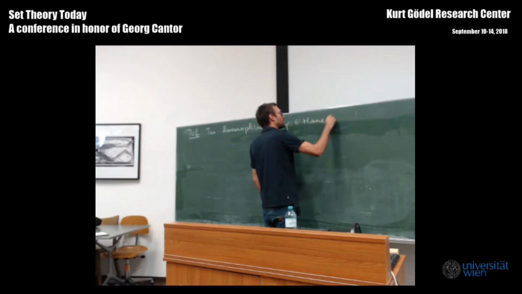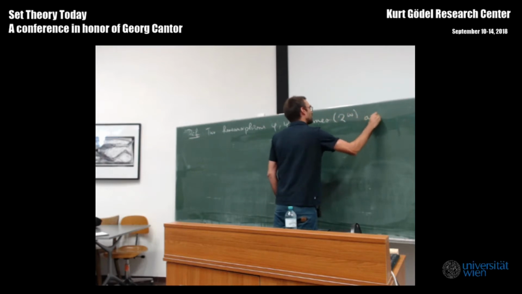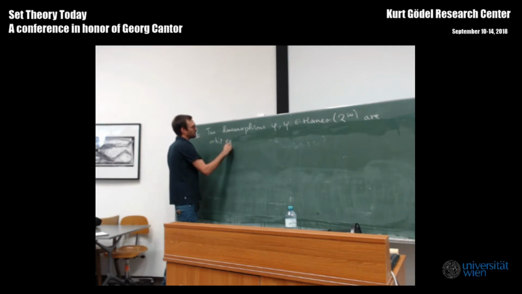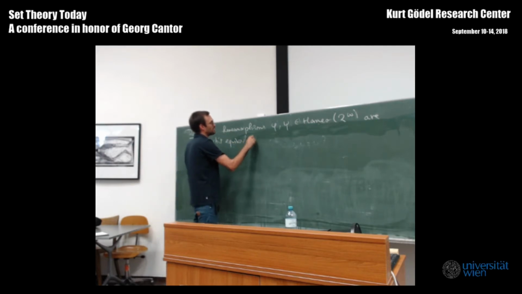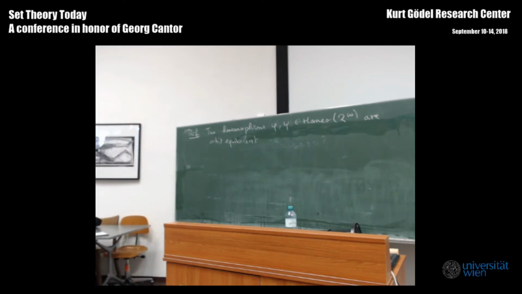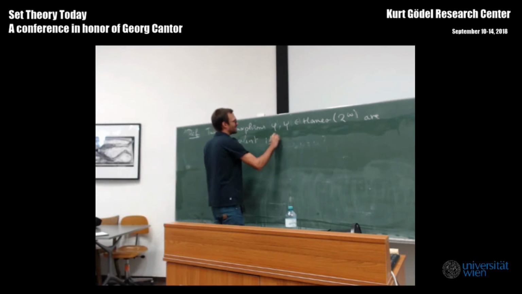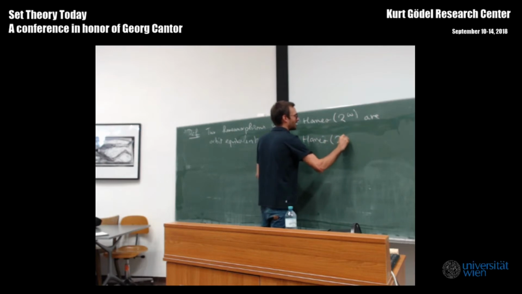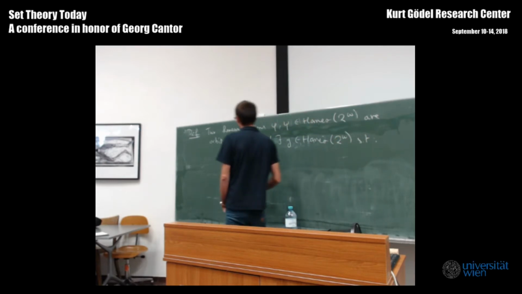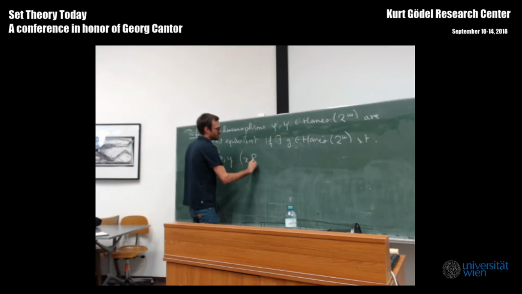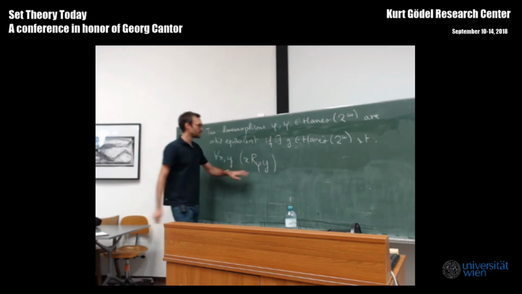So if you take two homeomorphisms, they are said to be orbit equivalent if they have equivalent orbits, which means, for any x and y, I will just write a symbol for this and explain what it is.